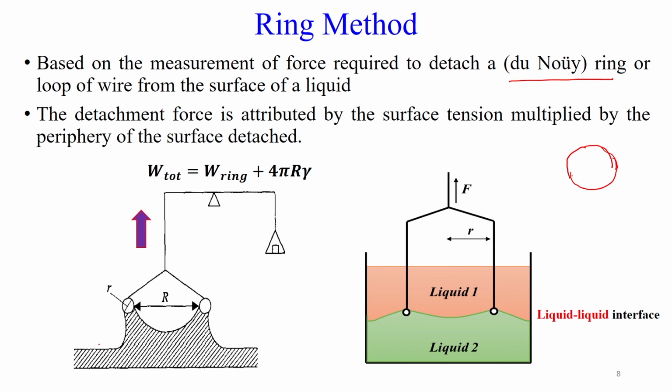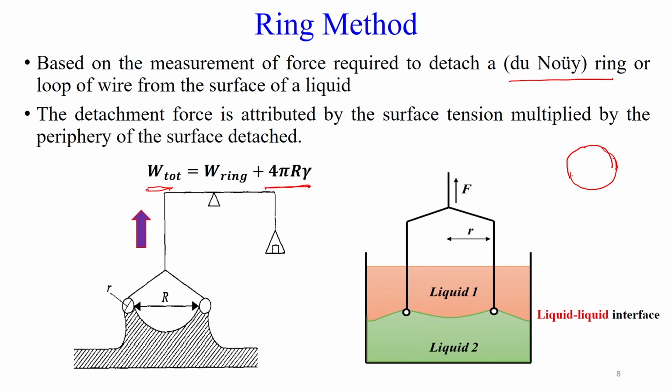There is a ring here, this is a surface. Once you bring the ring into contact with the upper layer of the liquid, then you are pulling it out. So, the total force will be the weight of the ring plus the surface tension or interfacial tension of the particular liquid, so interfacial tension into 4 pi r. 4 pi r is the perimeter of the ring.